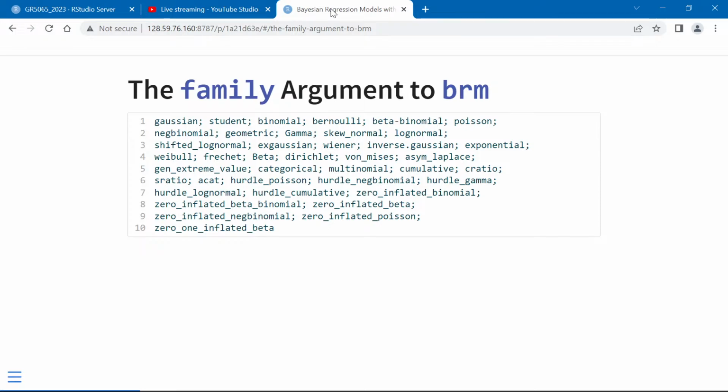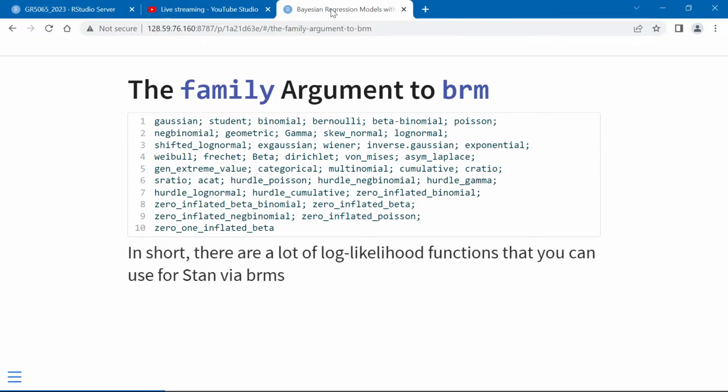So if you put all those together, and that's not even totally exhaustive, there are a lot of log likelihood functions that you can use to draw from the implied posterior distribution using the MCMC algorithm in Stan via BRMS's extensive translation mechanism from R syntax to Stan language syntax.